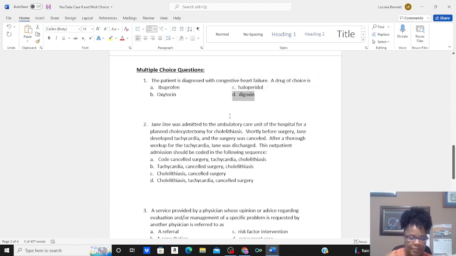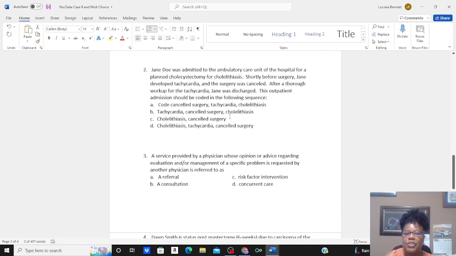Okay. 2, Jane Doe was admitted to the ambulatory care unit of the hospital for a planned cholecystectomy for cholelithiasis, but shortly before surgery, Jane developed tachycardia, and the surgery was canceled. After a thorough workup for the tachycardia, Jane was discharged. The outpatient admission should be coded in the following sequence.